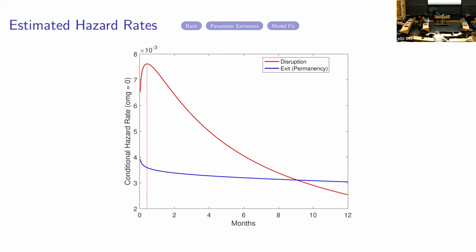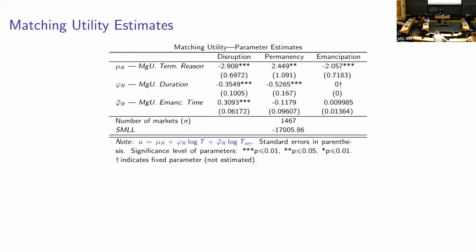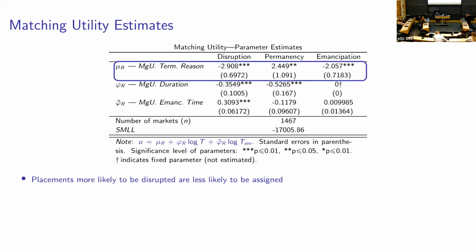Now, in terms of the utility functions, these are the key estimates of the exercise. This is the first part. Remember, here in purple in the note, there's the utility function, in case you don't remember it. Mu is just the utility of a specific termination reason. In the first row, there are the mu's of disruption, permanency, and emancipation. The mu of disruption is negative and significantly different to 0.